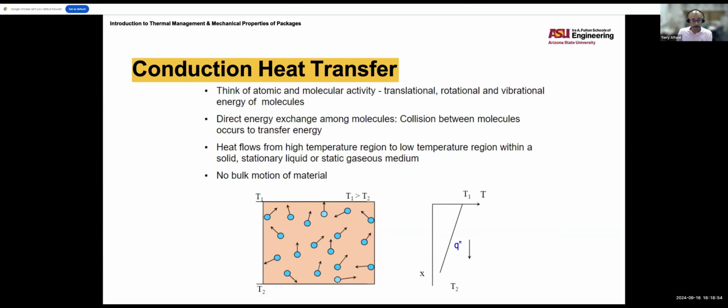So again, heat flows down the temperature gradient. In this case, we are not undergoing any mass transfer, so when we talk about the bulk motion of the material, the solid remains solid, and it just allows the heat to transfer across. So again, the flux is down the temperature gradient.